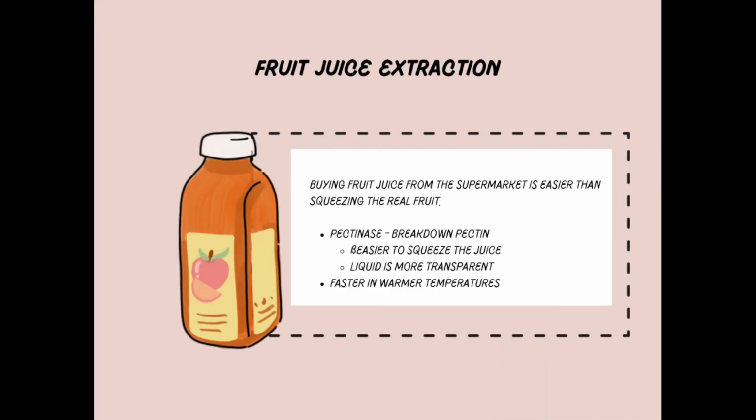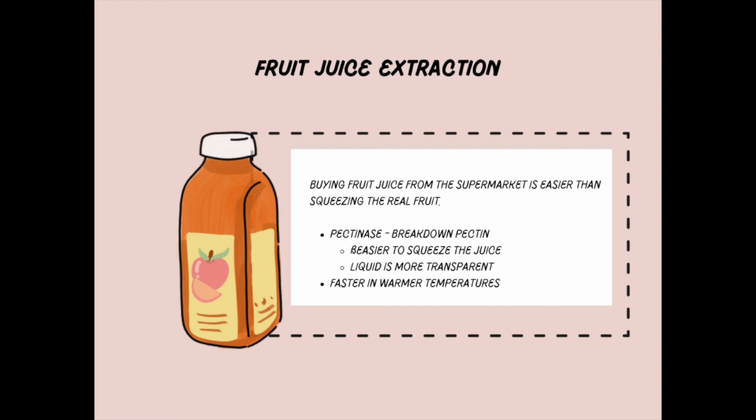If we have food, then we must talk about beverage too. It's undeniable that it's difficult to squeeze fruit like orange and lemon in the morning because we don't have energy. But this can be prevented by buying a fruit juice from the supermarket. Supermarket fruit juice is created with the help of pectinase, which is an enzyme that helps break down the tissue known as pectin.